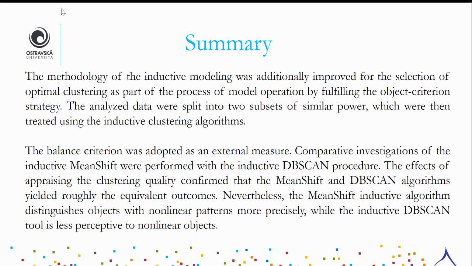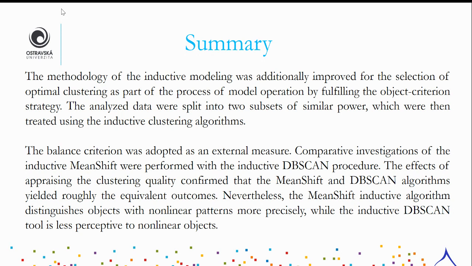Summarizing the results of our work, I should dwell on the fact that the inductive mean shift was offered for the first time. It's a new strategy, a combination of classical clustering plus the GMDH strategy. The balance criterion was used as an external clustering measure.